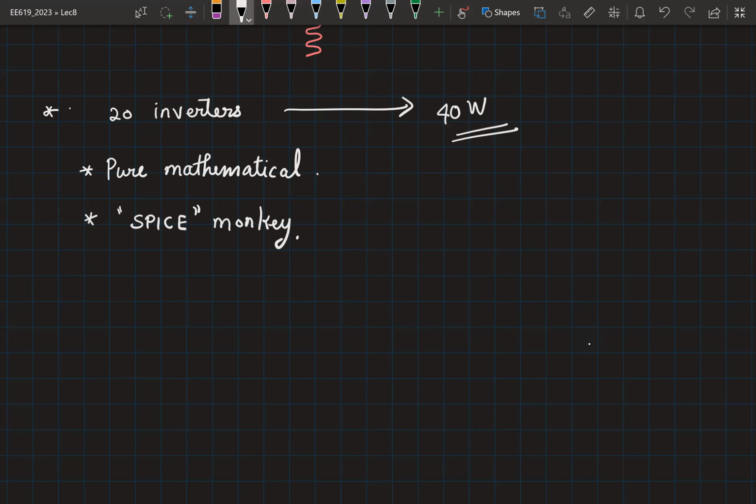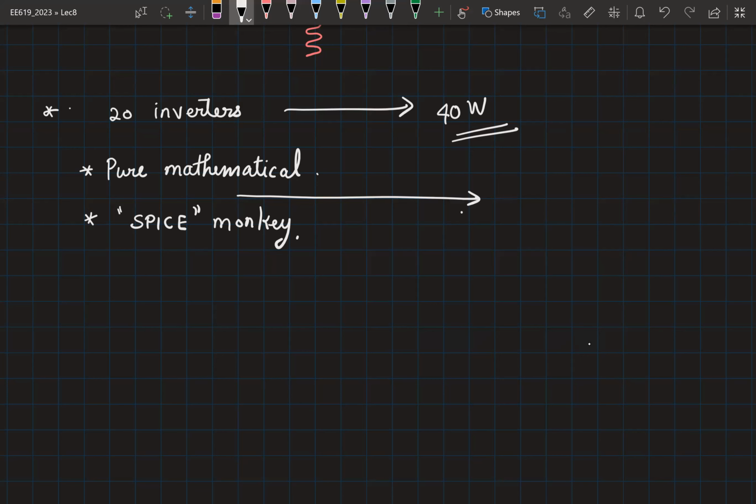So what we really want is an in-between approach, where you have first order models for quick estimation, but you also utilize the powerful simulation tools and models available to you. So if you are starting out a design in this fashion, even before you run the first simulation, you will have a very good estimate for the W's that you want to use. You will have a good starting point.